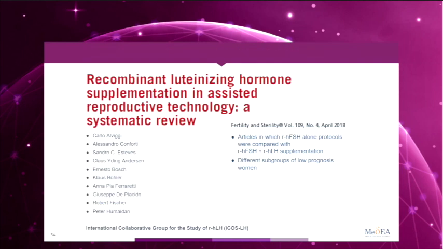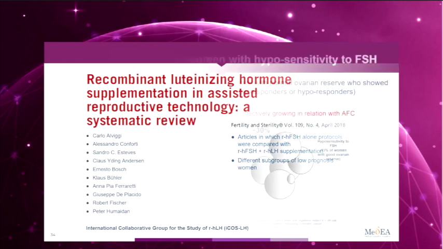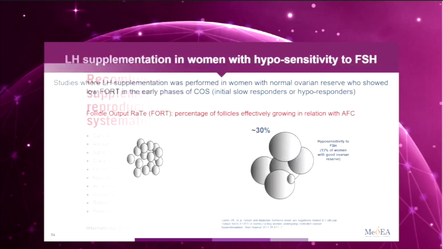But when we tried to meta-analyze, to have an analysis of data concerning the association of recombinant FSH and LH in low prognosis patients stratified according to Poseidon, we analyzed all the studies where the LH was utilized in case of low FORT.